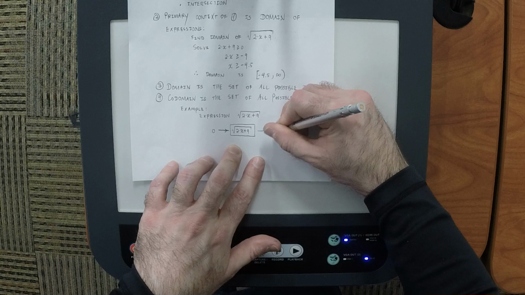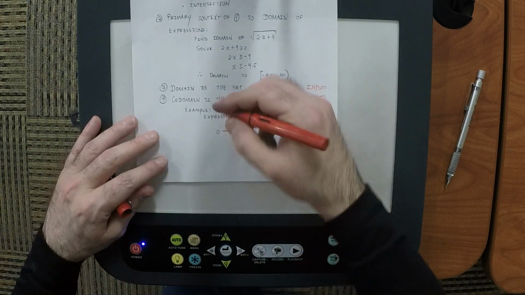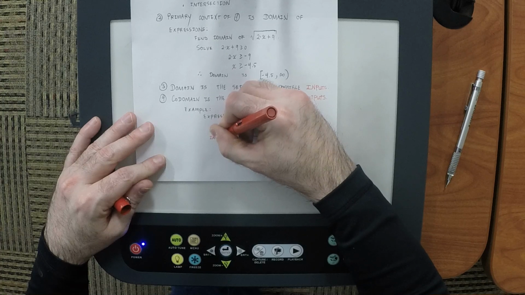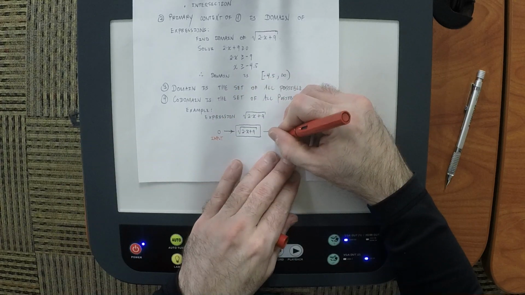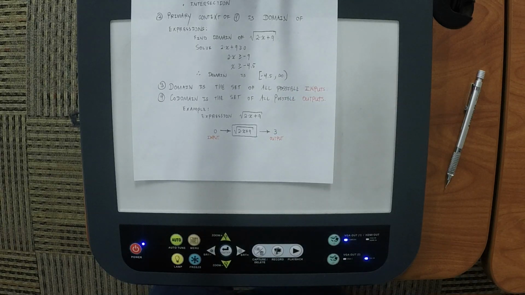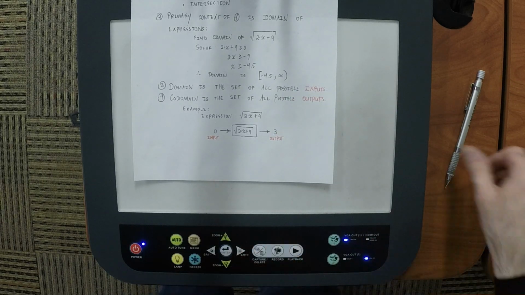So what I'm saying is that this input of 0 produces this output of 3. That input, that output.